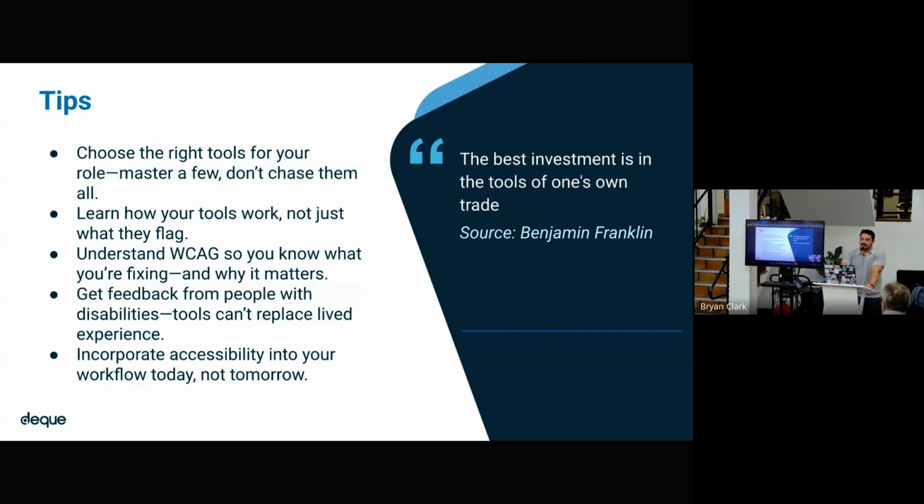That means you should take the time to understand why accessibility matters, what needs to be fixed, and how to fix it well. A great developer doesn't just run a scan and call it a day. A great developer chooses the right tools for their job and knows how to use them properly and has a plan for what they're building. When it comes to accessibility, that plan includes learning some of the different WCAG requirements so that you know what you're fixing and why you're fixing it.